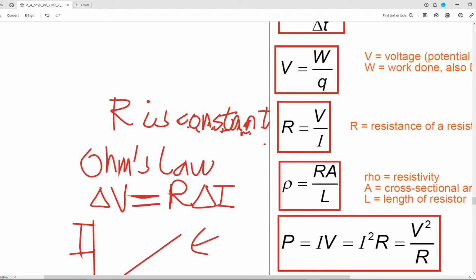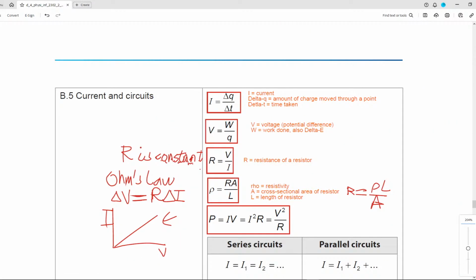Alright, that's something I should mention: this is not Ohm's law, it's the definition of resistance.